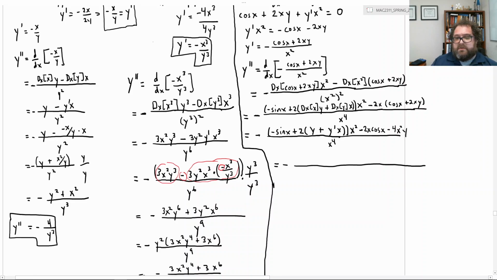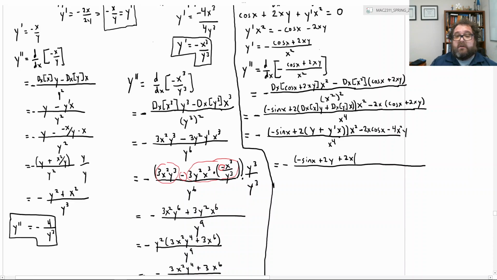Now, should I do any distributing here? I'll do the first step of distributing here. Okay, so I have negative sine x. I'm going to distribute this 2. So it's 2 times y, so 2y, plus 2x times y prime. Now here's where I'm going to substitute. What is y prime?